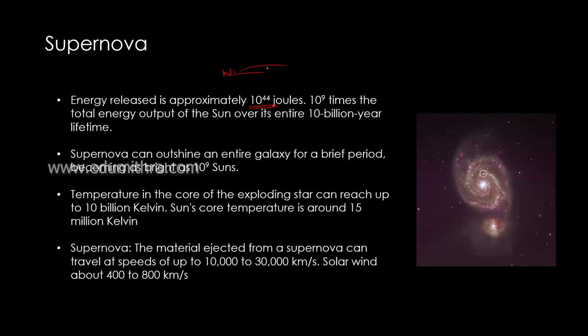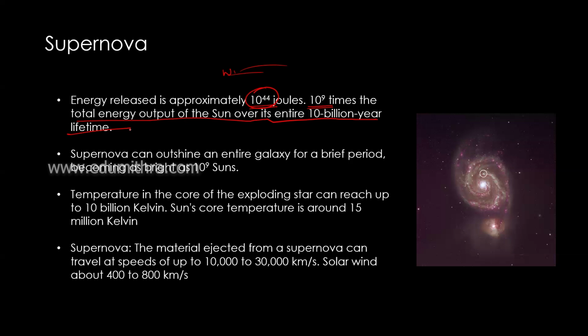Within a week or a couple of weeks, it will emit almost 10 raised to 44 joules. That is just a number, but imagine that it is actually a billion times the total energy output of the sun over its entire 10 billion year lifetime. So the sun will emit some energy in its entire 10 billion year lifetime, while the supernova will emit a billion times that energy within weeks.